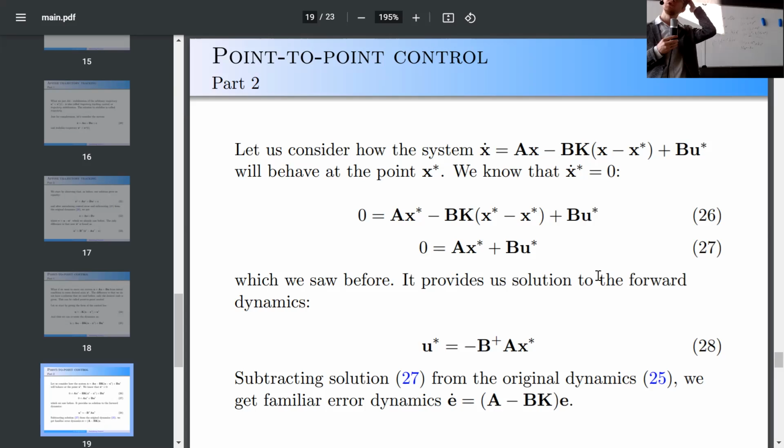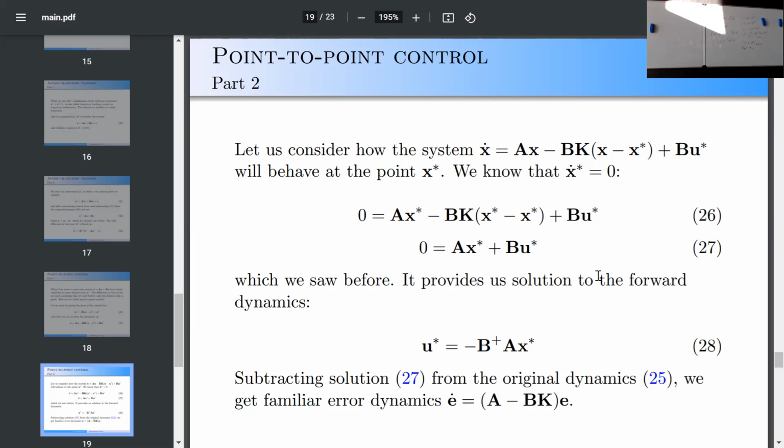Because we want to converge to the solution, and we don't want to go anywhere from the solution. If at the solution x star dot were equal to something other than 0, we would go away from x star, and we want to stay there. X star has to be a node, basically. So the system should not go away from the node.